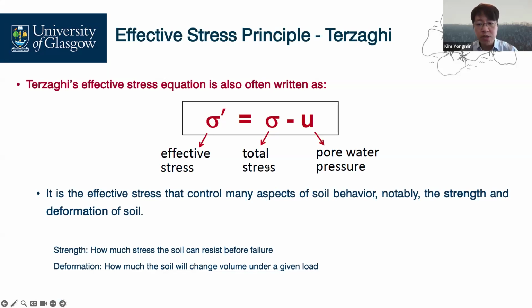Water pressure is incapable of sustaining shear stress, so only the soil particles carry the shear stresses. So Terzaghi, the pioneer of soil mechanics, proposed the effective stress concept: total stress minus water pressure. We don't care about water effects. We focus only on soil particle interactions.